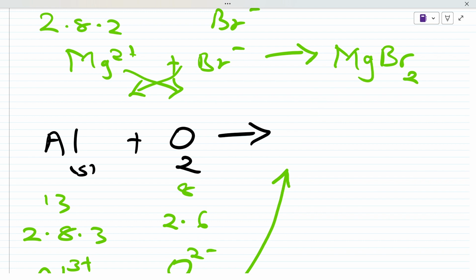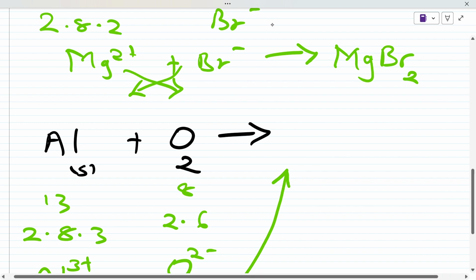I should use the same color so that you see the difference. Sorry for that. I'm having Al2O3.